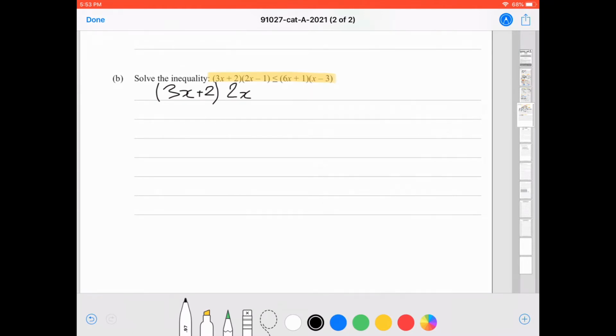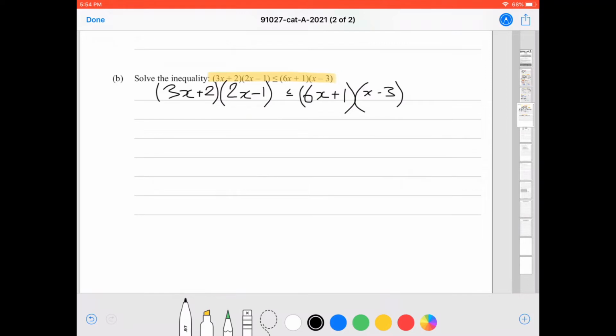(3x + 2)(2x - 1) is less than or equal to (6x + 1)(x - 3). So we haven't really got much to do here apart from expanding our brackets, so let's go ahead and do that.